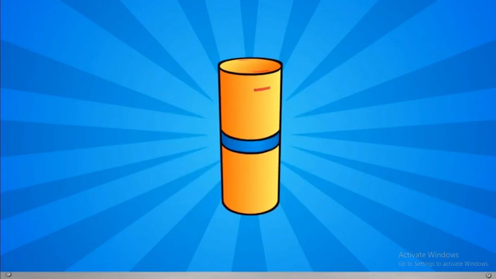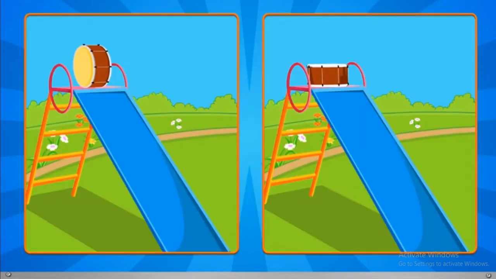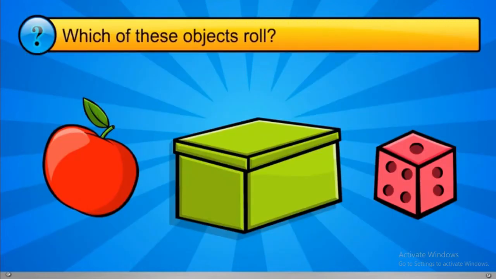Now, look at this cylinder. How many faces and corners does it have? The cylinder has 2 faces but no corners. These shapes can roll and at times can slide too. Which of these objects roll?